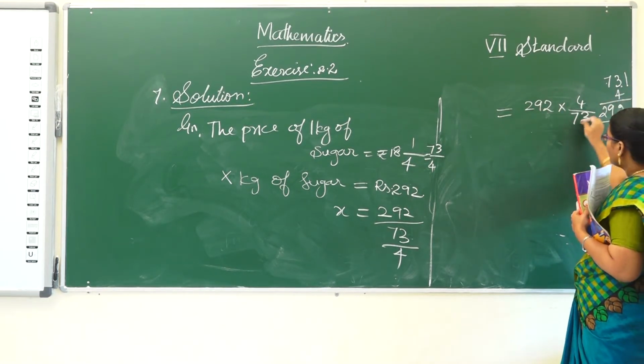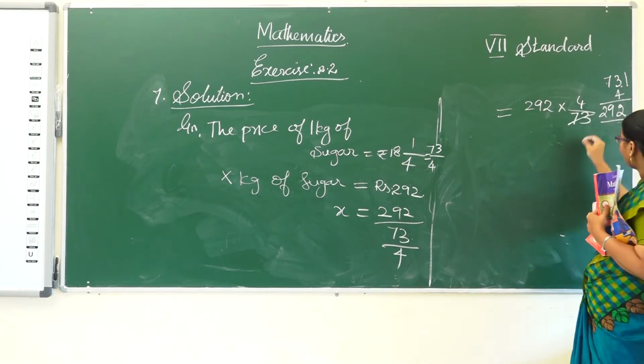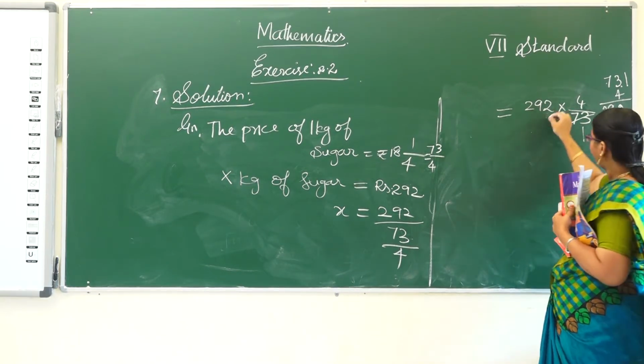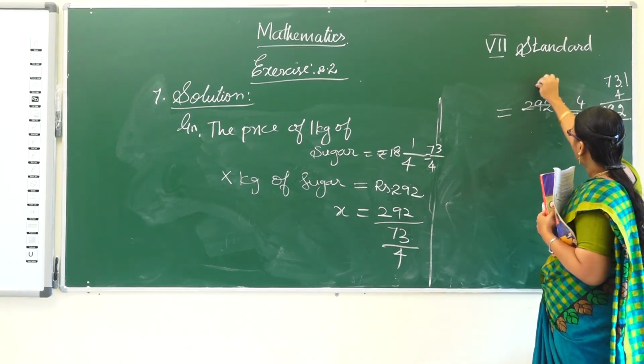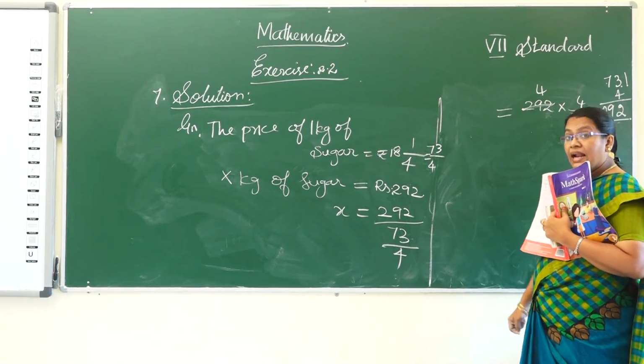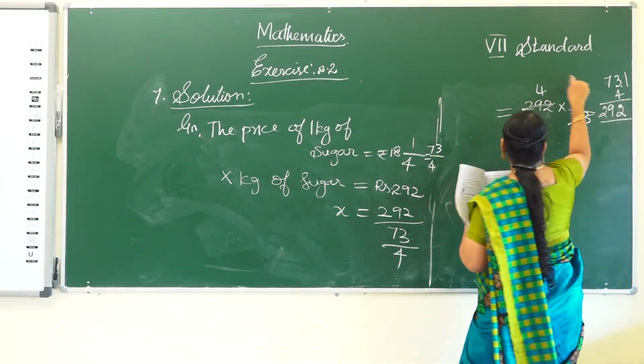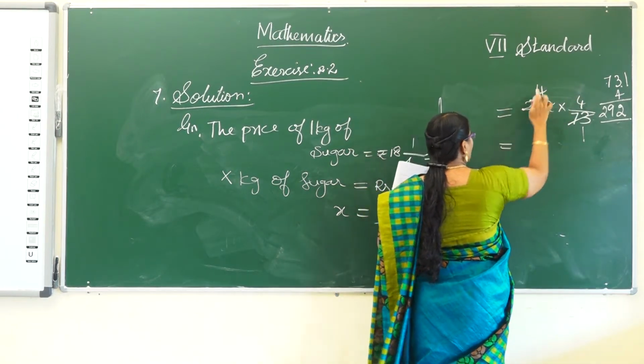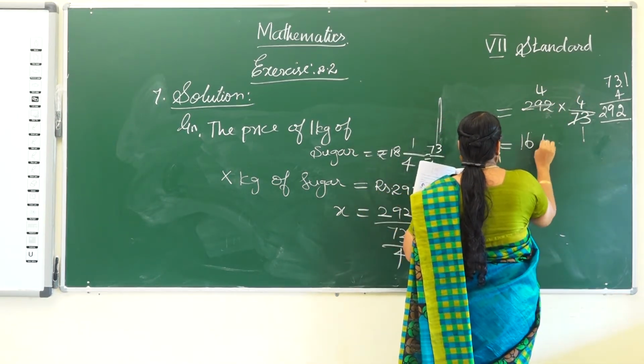We got the answer. 73 ones are 73, 73 fours are 292. Now multiply the numerators. So 4 fours are 16 kg.